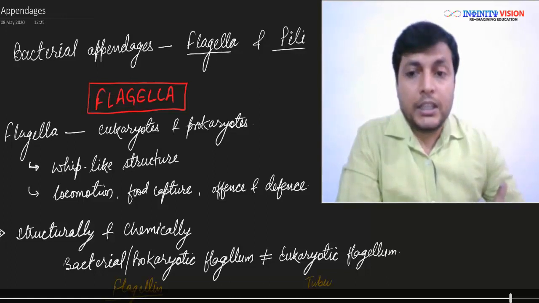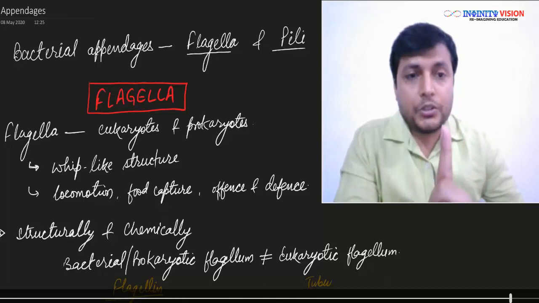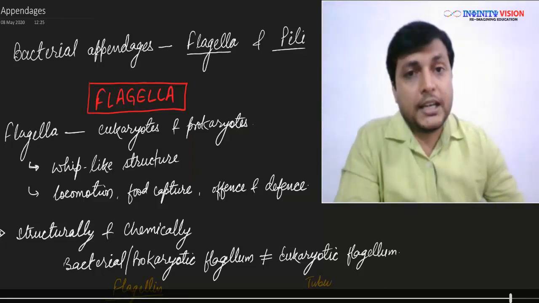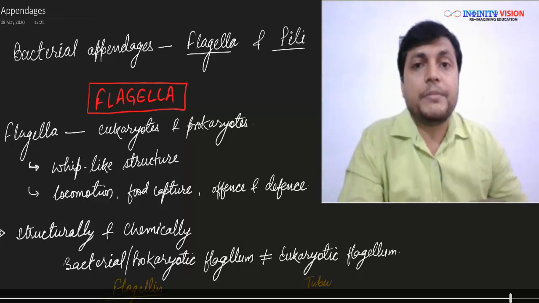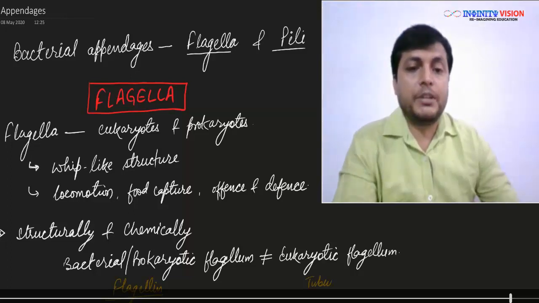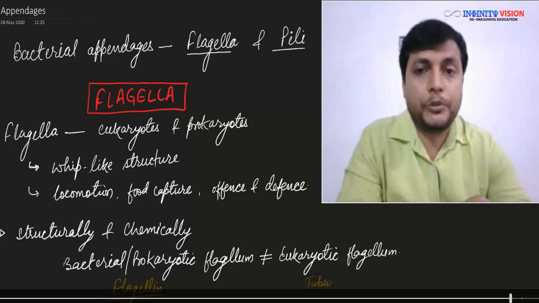However, if we talk chemically, the prokaryotic or bacterial flagella is made up of flagellin protein, whereas the eukaryotic flagella is made up of tubulin protein, or you sometimes say microtubule. Actually it is made up of microtubules, but microtubules in turn are made up of tubulin protein.